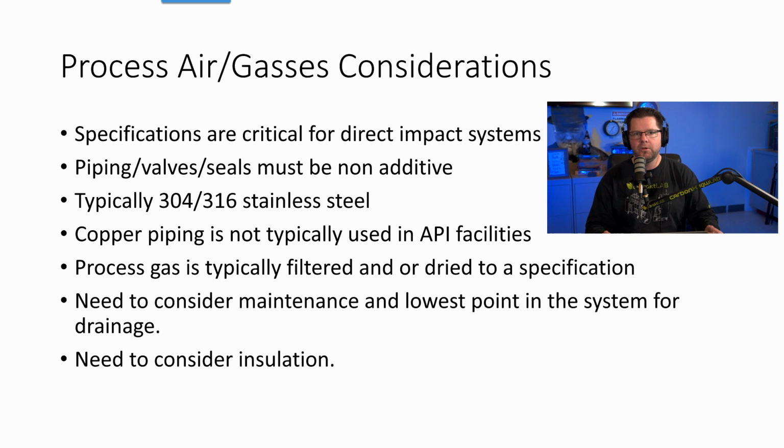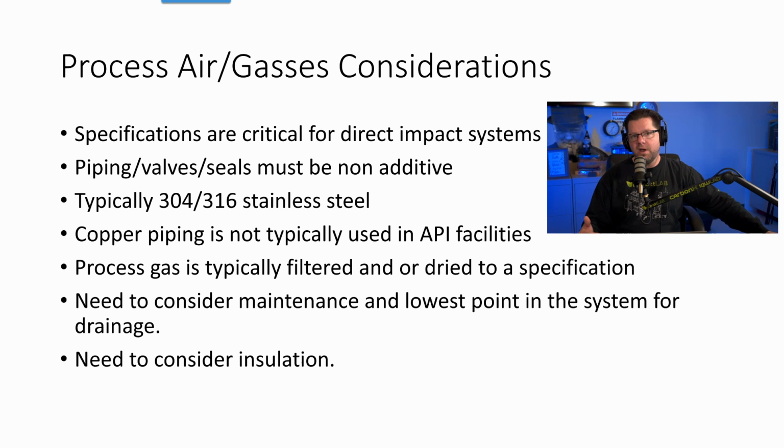Suppose you were blanketing your reactor with argon, for example, to displace oxygen. Well, you'd want to make sure that argon was non-additive, that it didn't add in, say, a process gas that you got from the tank. You'd want to have a specification for that. You may institute filtering, for example.